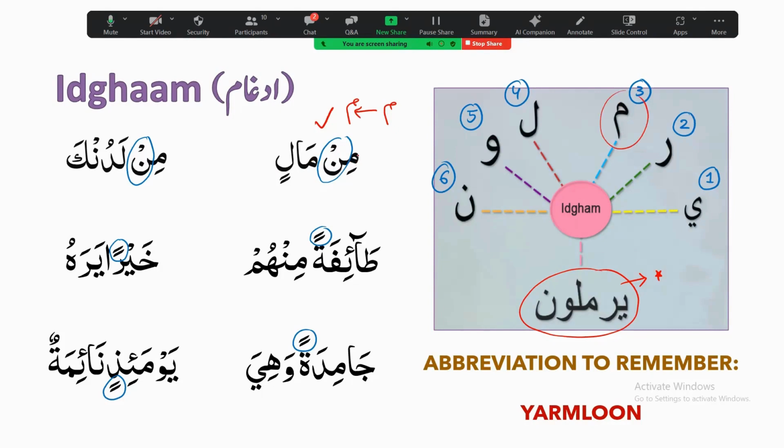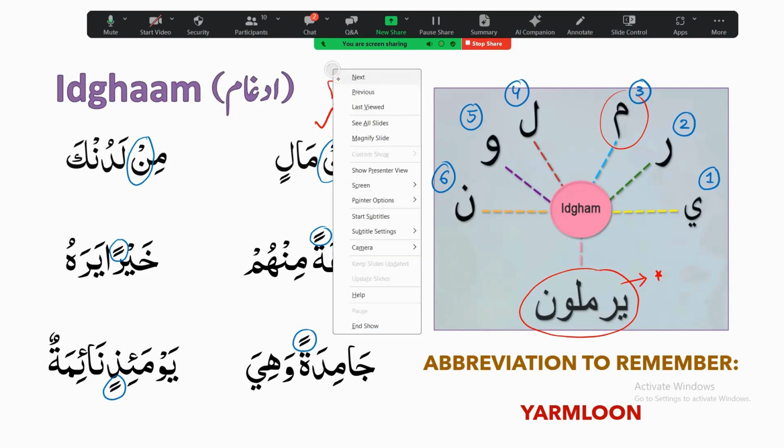So we will assimilate the sounds of meme into meme now, and skip the noon sakin from here and say mim. This will be meme into meme. We'll make it like mimmalin, right? Mimmalin. Okay, so meme into meme, this will make it like a meme for two times, you can say.